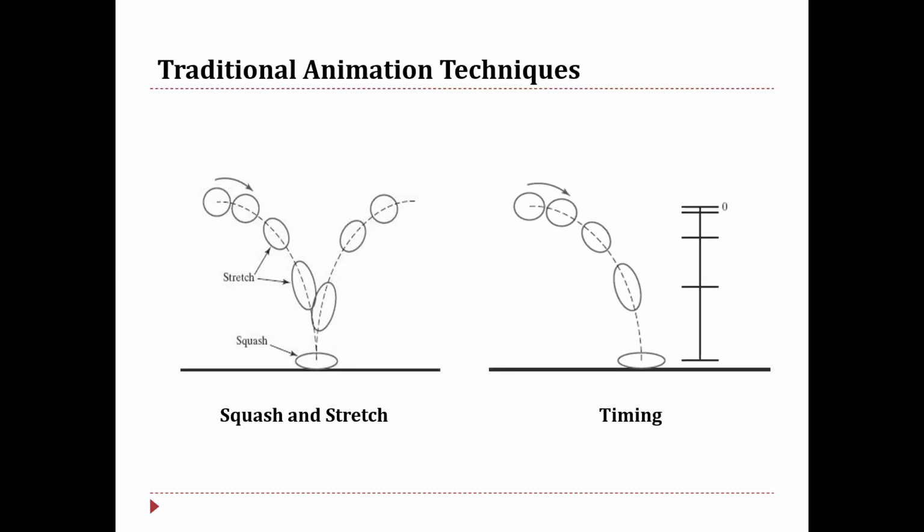These are the different things that are added as a part of an object. One of the most important techniques for simulating acceleration effects, particularly for non-rigid objects, is the squash and stretch. This is one of the techniques which is used for simulating acceleration effects.